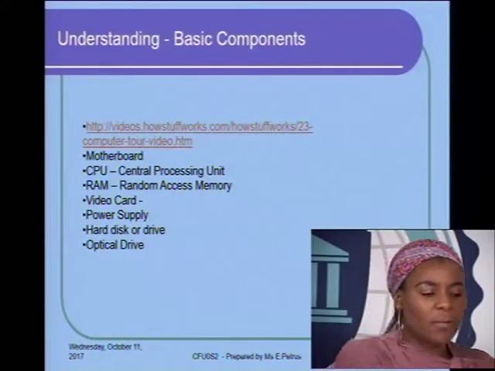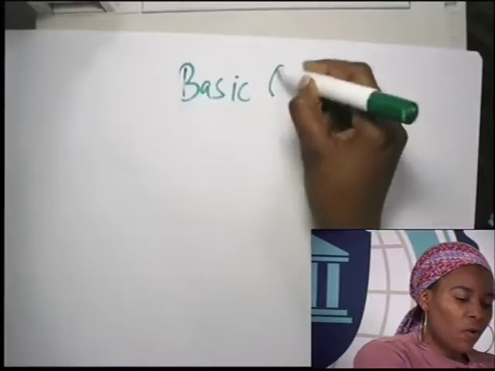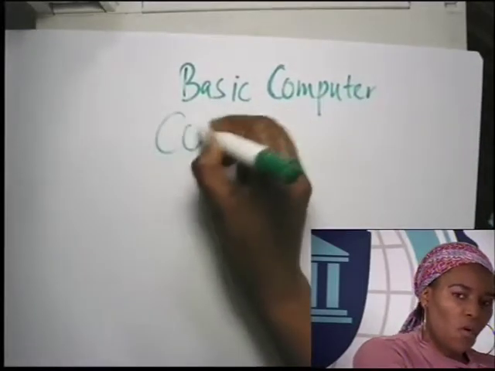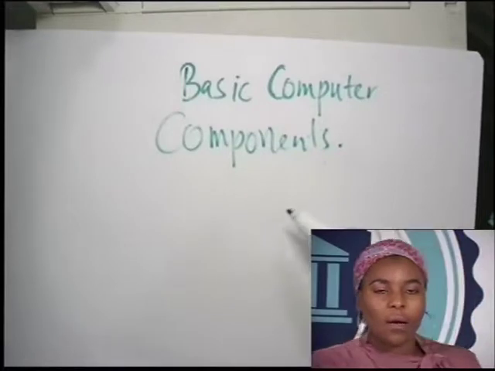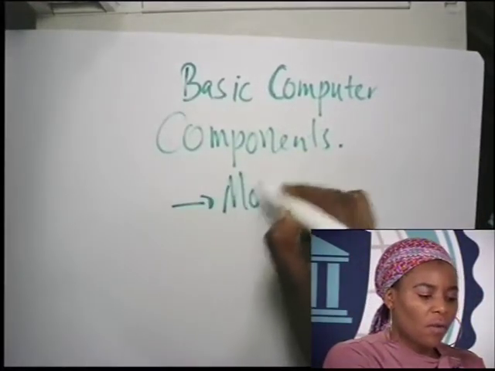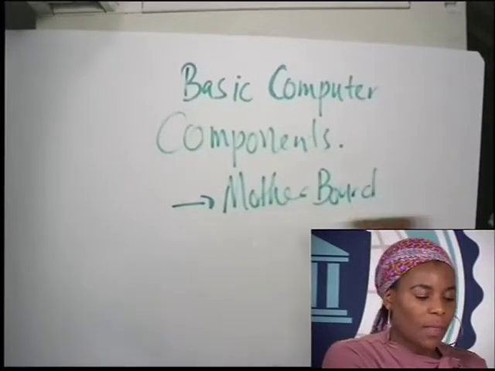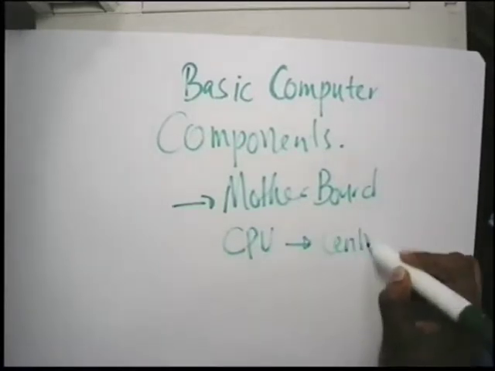So now let's move to what we call basic computer components. What is a component? What makes up a computer? A computer is made up of a motherboard. It's made up of a CPU, which is called Central Processing Unit.